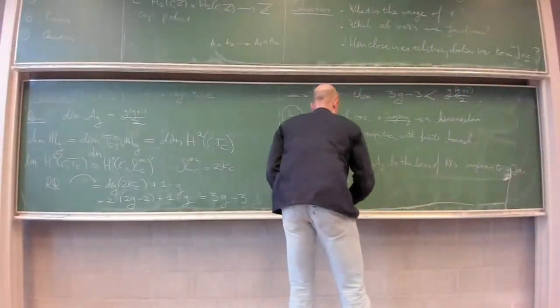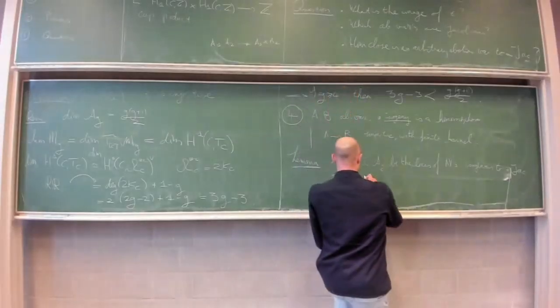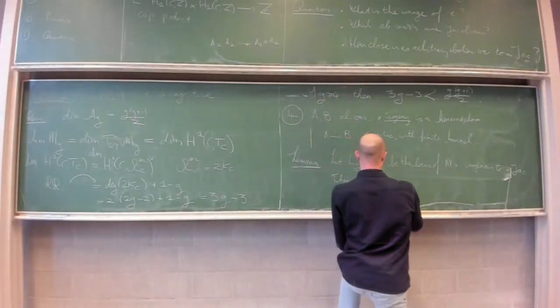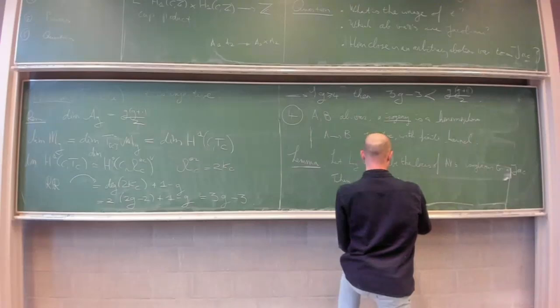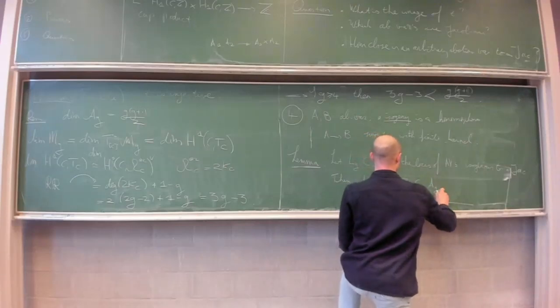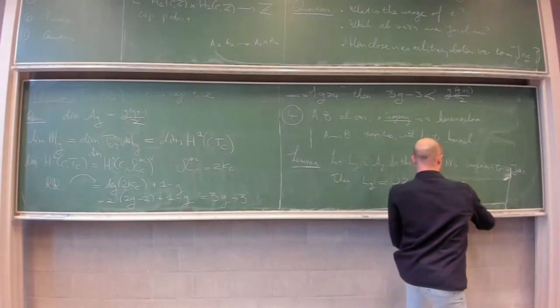Then L_G can be written as a countable union of subvarieties.